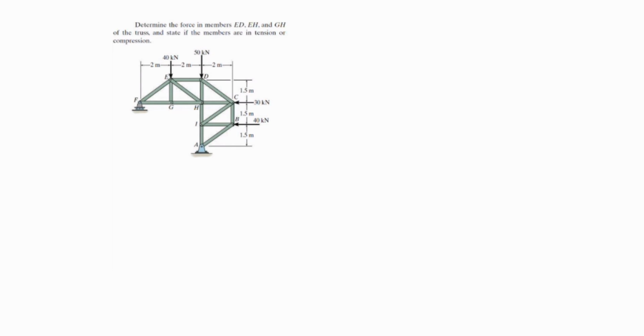And as we can see, we have a roller over here and a pin over here, meaning that we would have two unknowns over here. One of them AX, the other one is AY. And for the roller, we have just one force, which is FY.